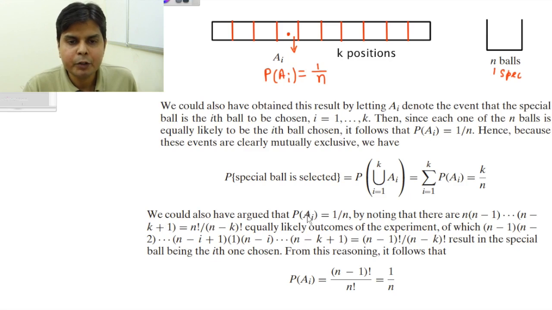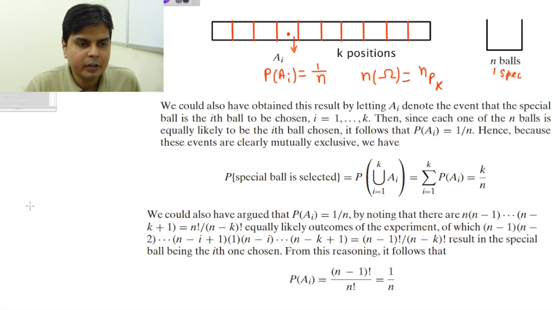You see, this probability of Ai equal to 1 by n, I can derive using this method also. Suppose I have to find the probability of Ai, so what will be my n of omega, that is the sample space? Basically I have to arrange n items in k positions, so that is nPk, which is nothing but n factorial by n minus k factorial.